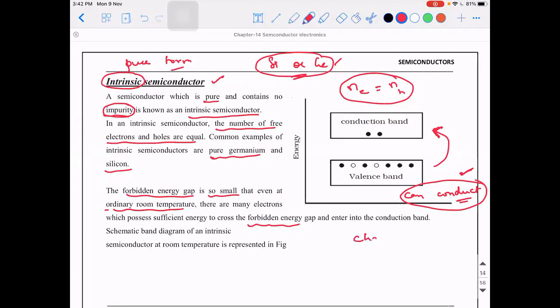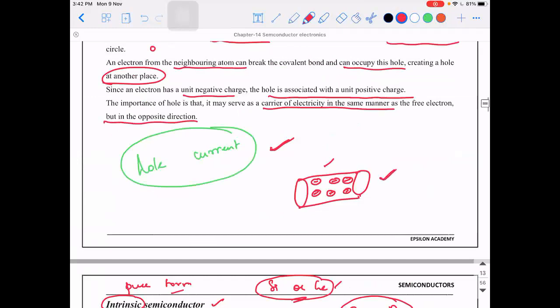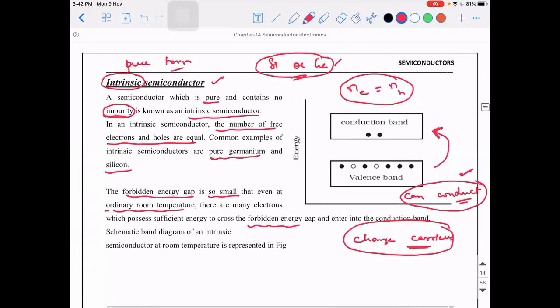When I say charge carriers, these are the charges which are responsible for the conduction of current in that particular material. For example, if I ask you what are the majority charge carriers in case of a conductor, you have to say it is electrons. In a similar way, when you talk about a semiconductor, there are two types of charge carriers. One can be electron and the second can be a hole.